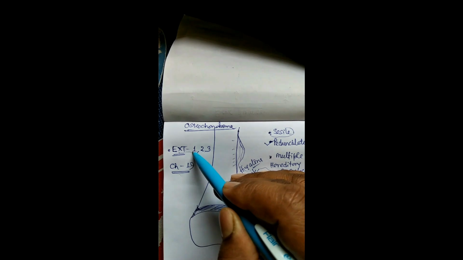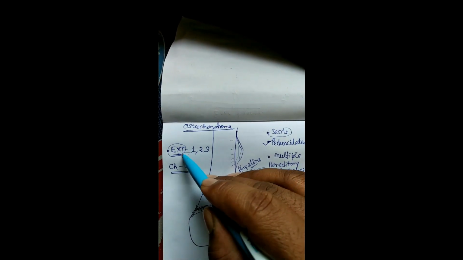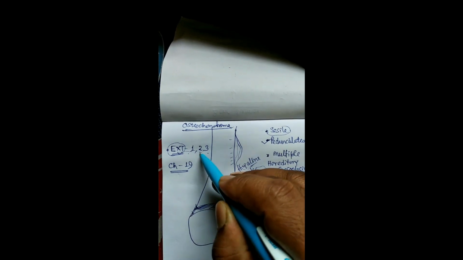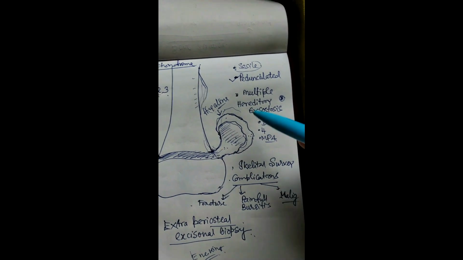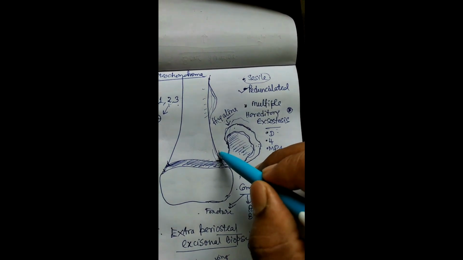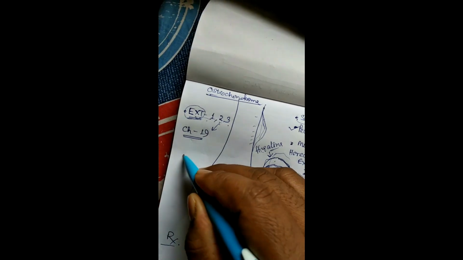And this exostosis is most commonly associated with the EXT gene. Generally it has 3 varieties, EXT1, EXT2, EXT3, and this is located on chromosome 19.